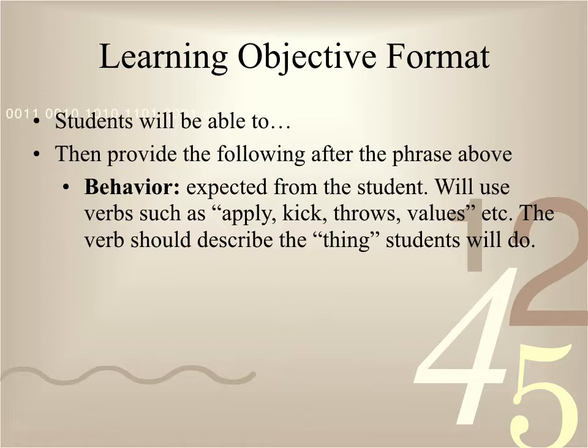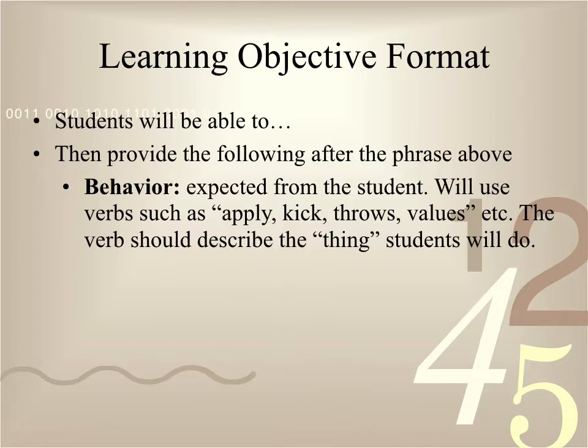Each of the 3 domains has multiple different verbs that describe the behavior, and there are different verbs for the different levels of our learning. If you've ever taken a class, maybe as an undergraduate, or in your teacher prep, or your master's program, where we talked about Bloom's taxonomy and the different levels of Bloom's taxonomy, at the lower level is just the knowledge base, and it moves all the way up to synthesis and evaluation.